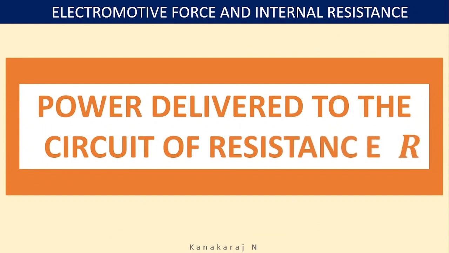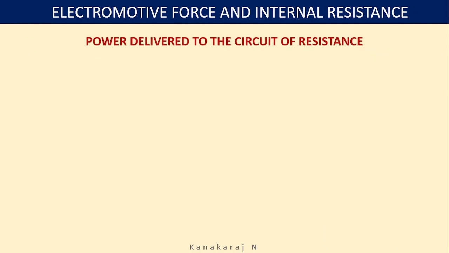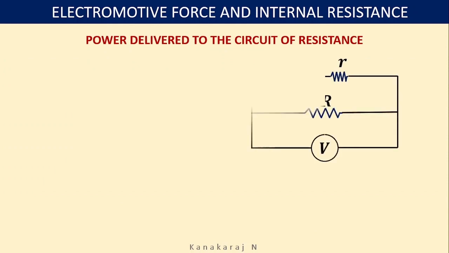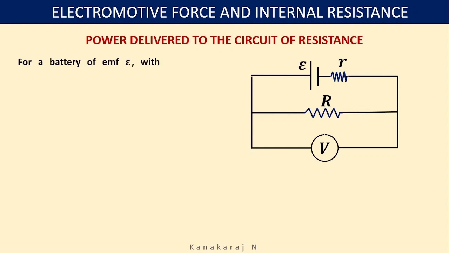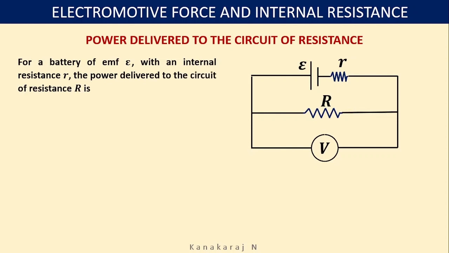Power delivered to the circuit of resistance R. The same circuit has been redrawn here. For a battery of EMF epsilon with an internal resistance r, the power delivered to the circuit of resistance R is given by the formula P equals I times epsilon.